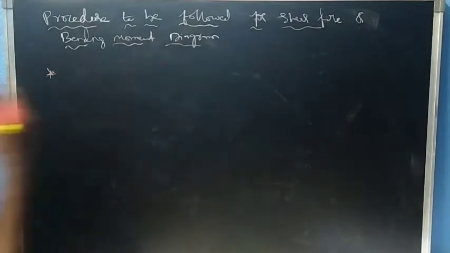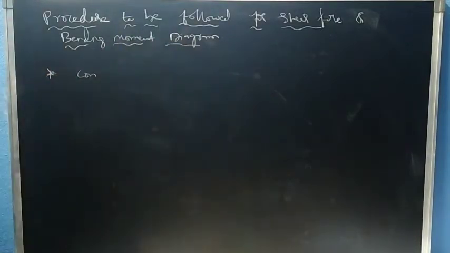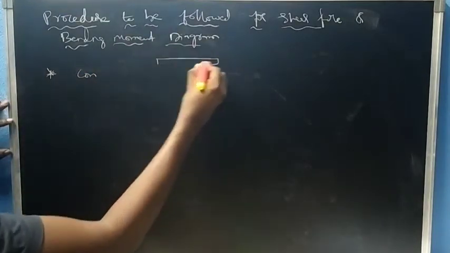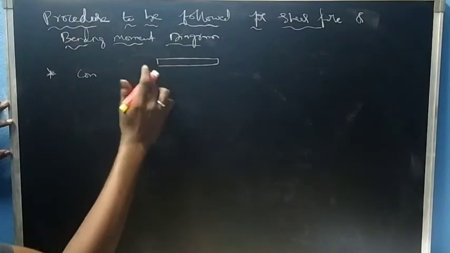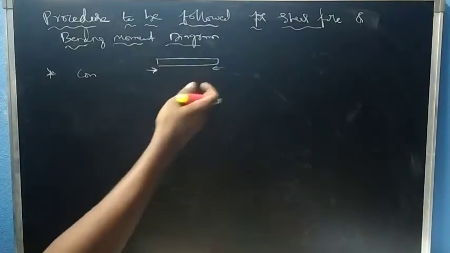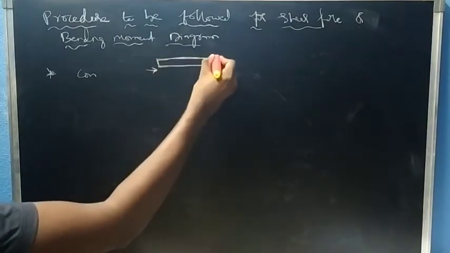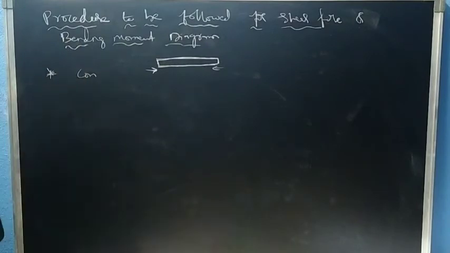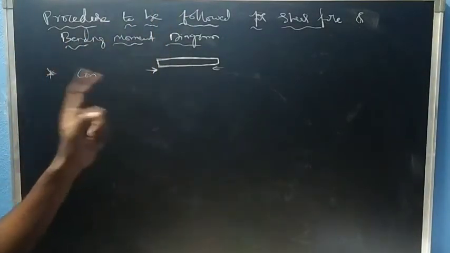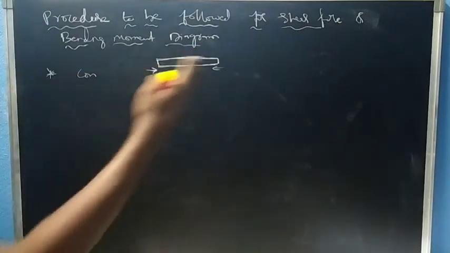The first point to be considered is the left or right side portion of a section. Let's suppose this is a beam. So if I try to draw the shear force or bending moment, the first step is to consider whether I have to go from the left or from the right.